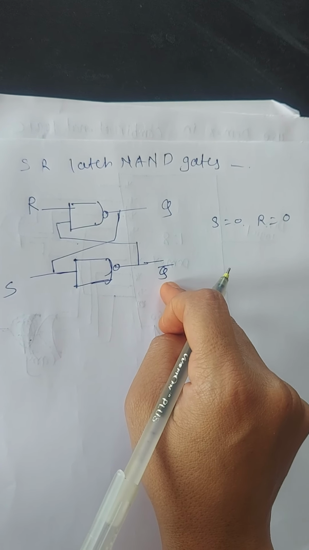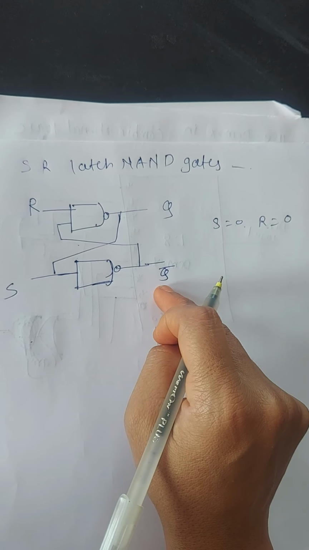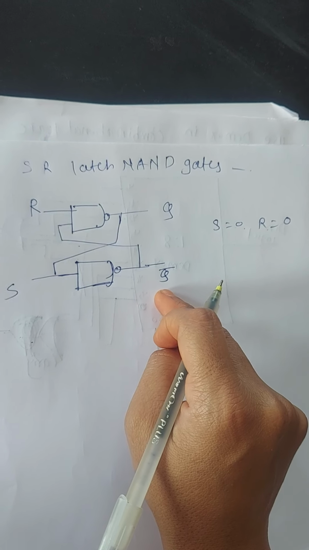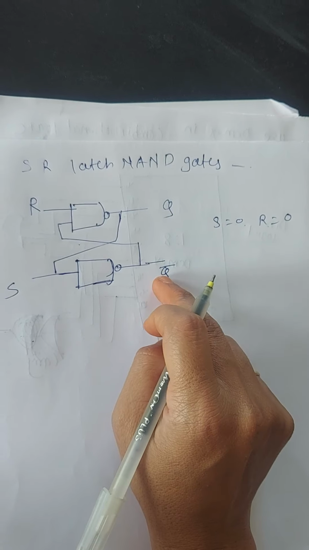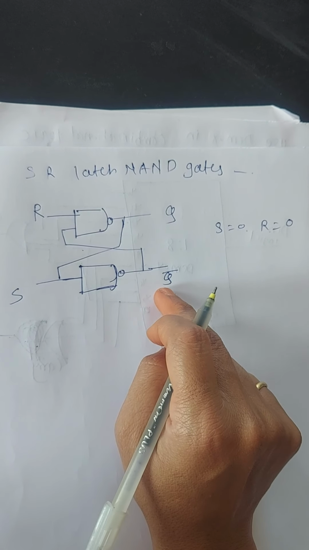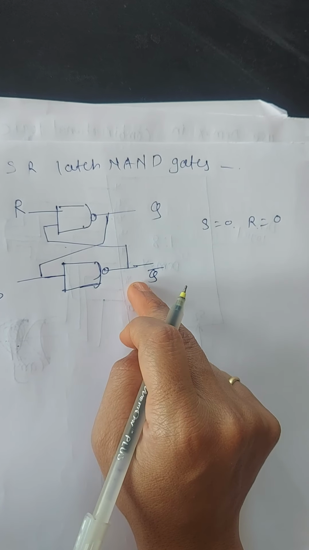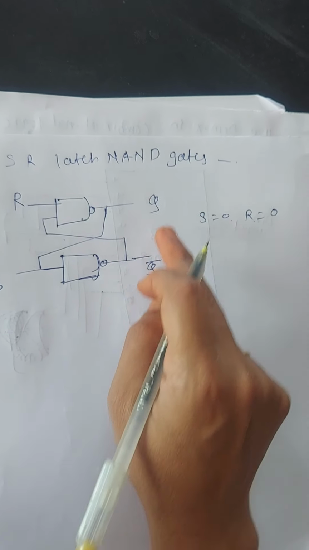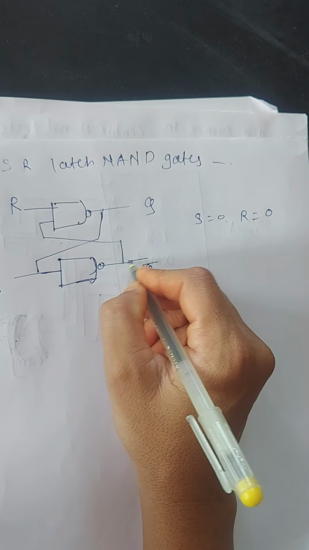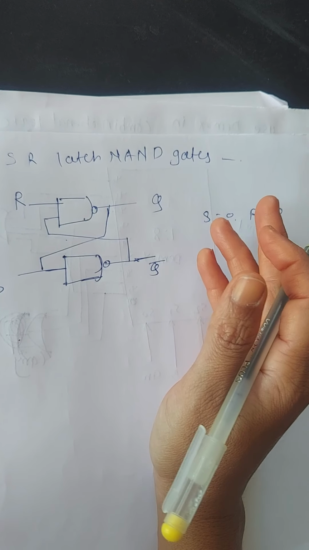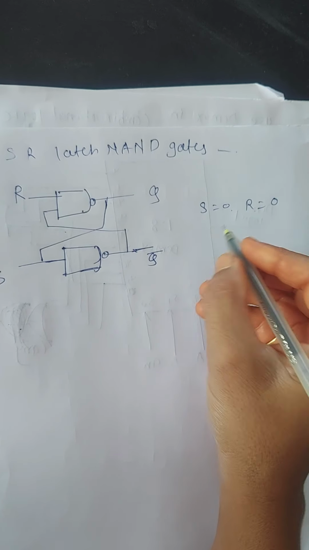So with S equal to 0 and R equal to 0, Q and Q bar are both equal to 1. This is the undetermined state, and it is avoided because Q and Q bar are not complements of each other. That condition is called a restricted condition.